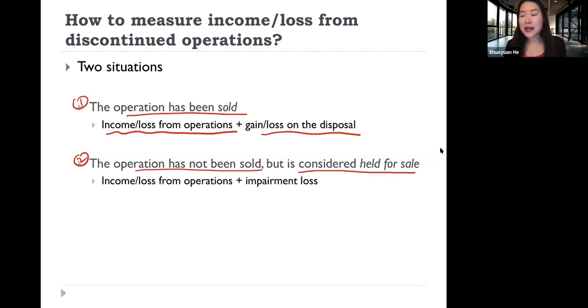And then for the second situation, the first part is income or loss from operation. How much does the operation generate during the period? And then the second part is impairment loss. We haven't disposed of this operation under this situation. So what we do is we need to estimate what is the possible loss that may happen if we dispose of it.